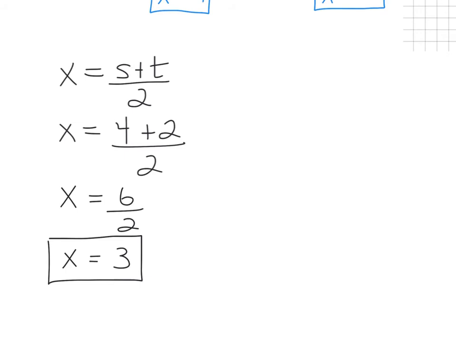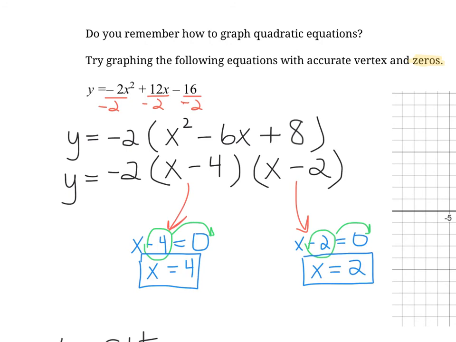Remember that a vertex is also made up of a y value. So in order to find that corresponding y value, I'm going to take this x value and plug it back into my equation. Now you have a couple of options at this point. You could take your x value and plug it back into the original equation.